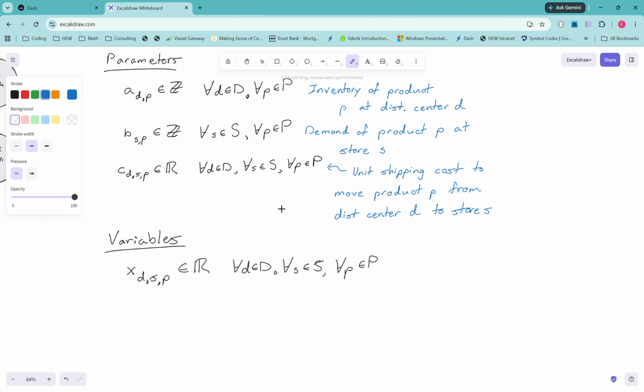And again, just to write this out in words, this is the quantity of product P to ship from a distribution center D to a retail store S.